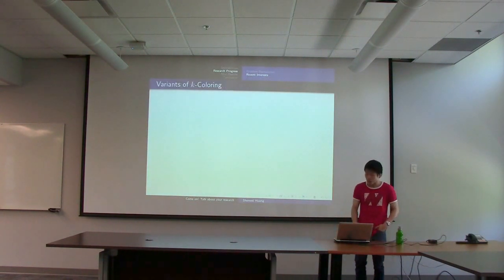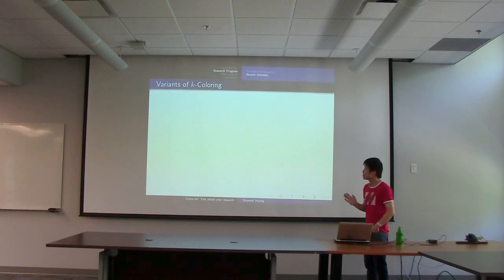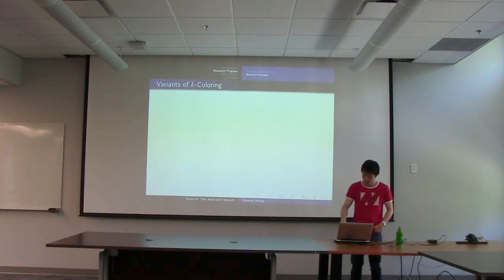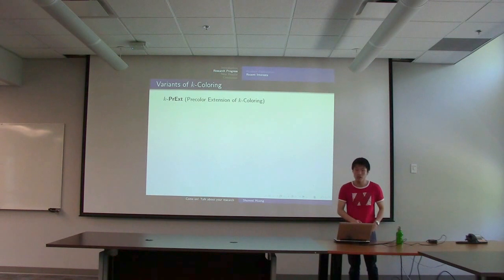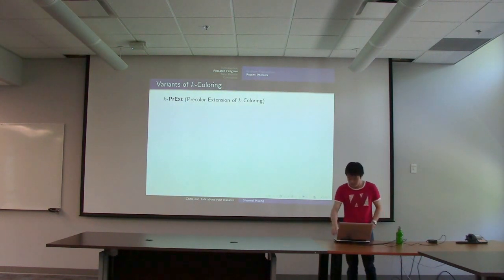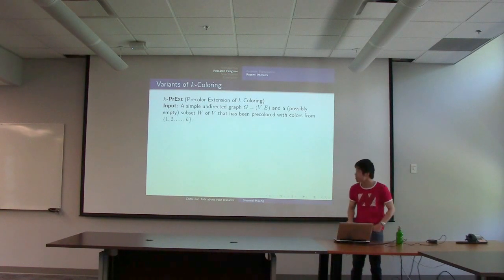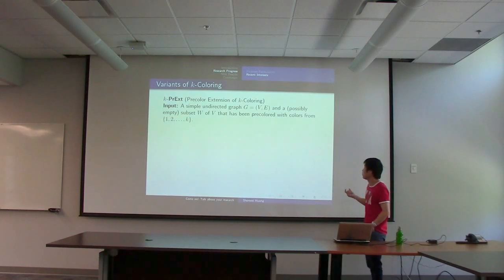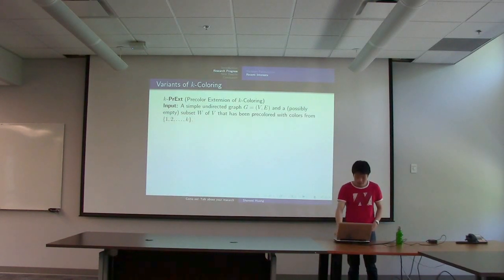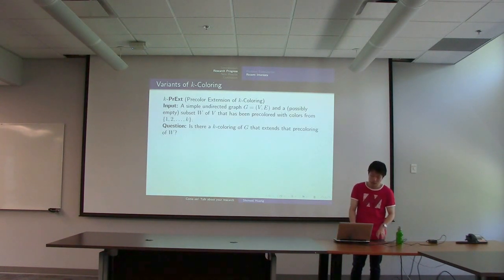So along this line of research, people also consider some variants of K-coloring. One of them is called pre-color extension of K-coloring, denoted by K-PrExt. The problem is: you are given a graph G and some subset W that has been pre-colored with colors from 1 up to K. And the question is, is there a K-coloring of G that extends that pre-coloring of W?